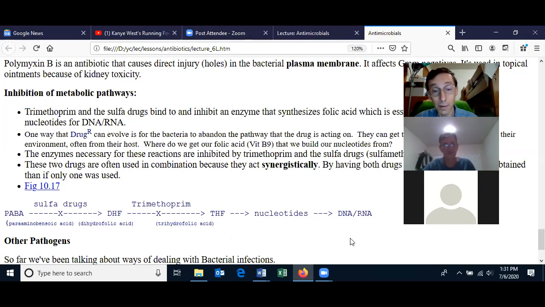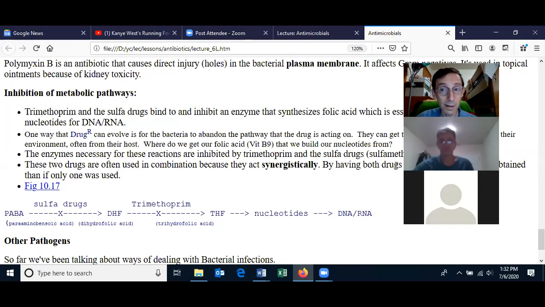We build up our nucleotides either from getting the nucleotide in the diet, meaning we're eating a little bit of DNA, or we can take the B vitamin, the trihydrofolic acid, and convert it into a nucleotide. But we don't start from the molecule PABA, okay? But the bacteria cell does.